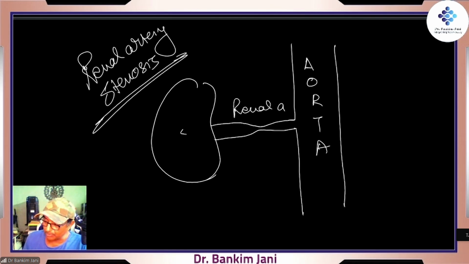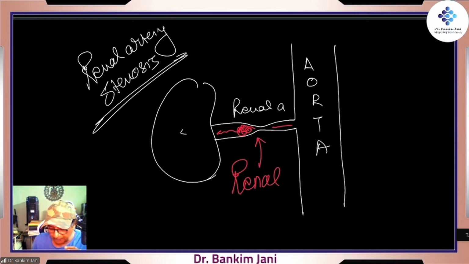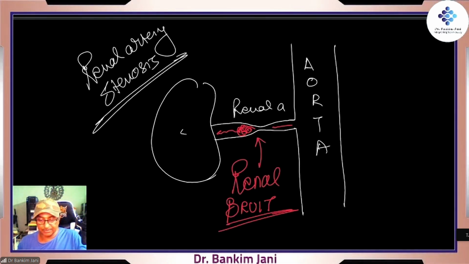The blood goes straight, but over here there will be turbulence, and the blood will rotate. If you put the bell of the stethoscope here, you will hear a very rough sound, called a renal bruit. So this is no doubt, and with angiography also you can make it out.